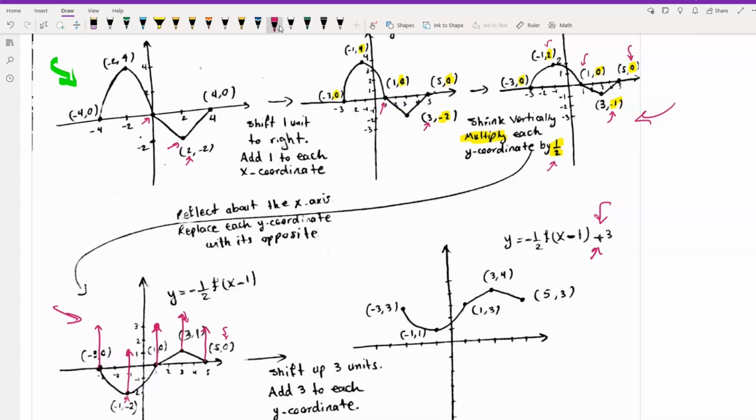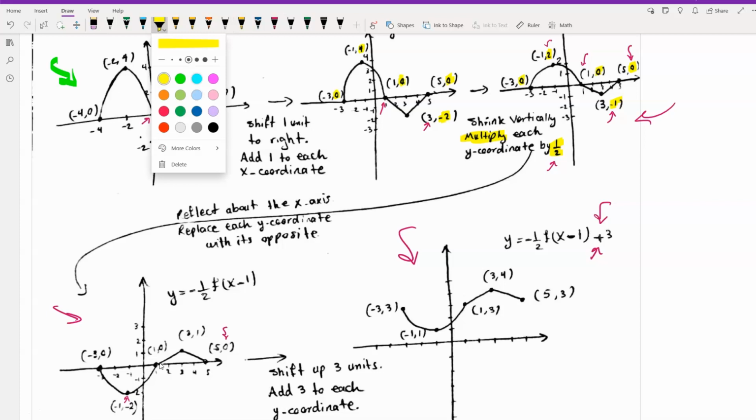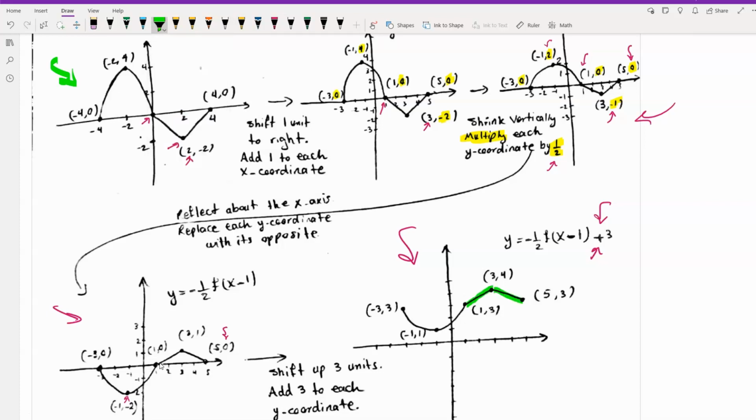Find the points and then connect them to graph. So this is our final answer. This one is our final graph for our function.